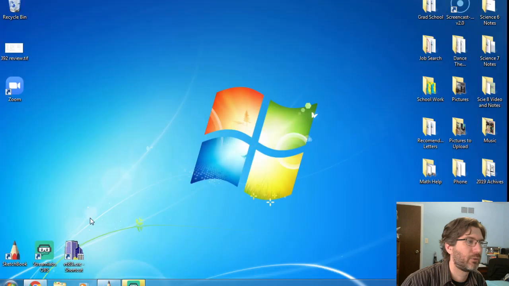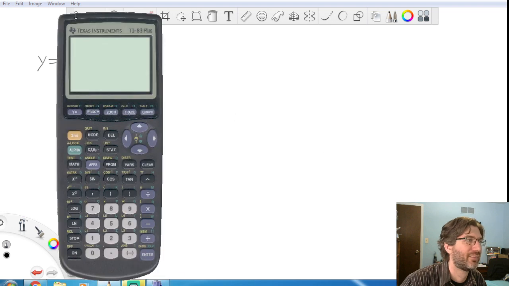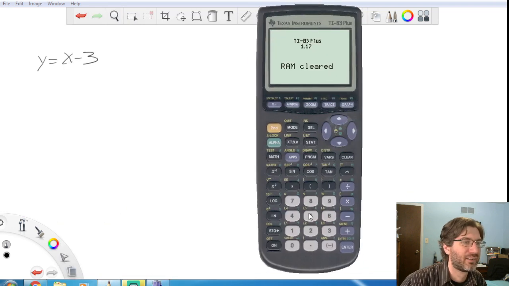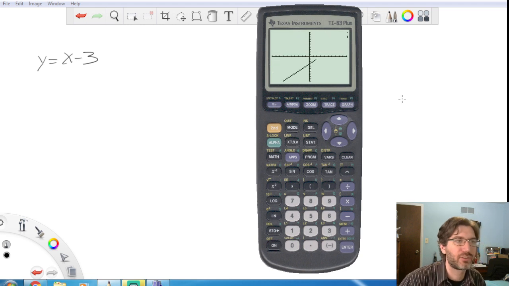Let me bring up a new calculator. See if it'll like that one better. Hit your y equals button, then you can just type in x, which is this X,T,theta,n button, minus 3, and hit graph, and it actually draws you that line for you.